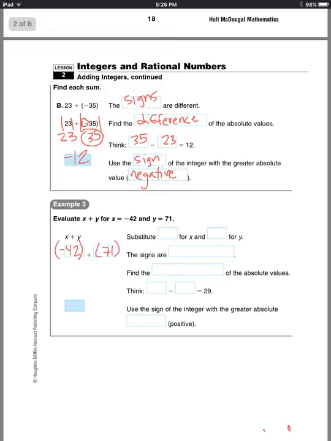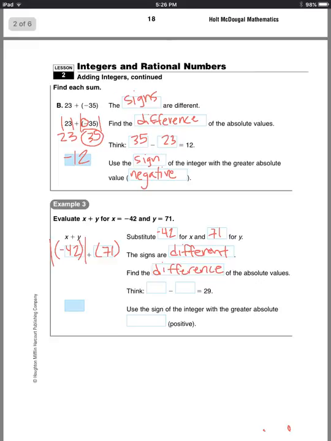Okay, so we're going to substitute negative 42 for x and 71 for y. The signs are different. So we're going to find the difference of the absolute values. Different signs, find the difference. That's kind of how you can remember it.